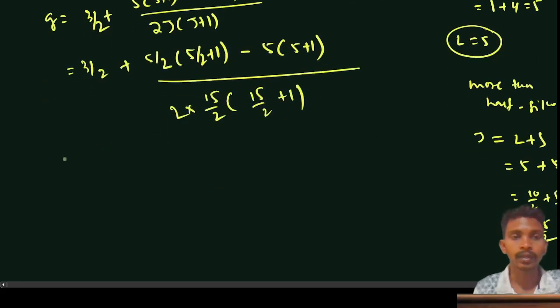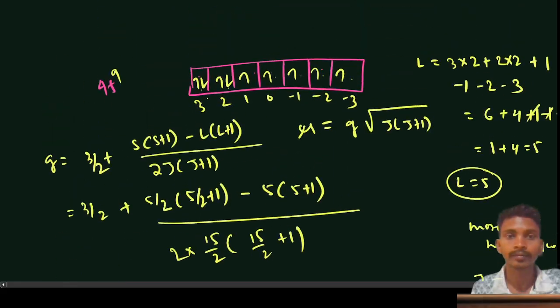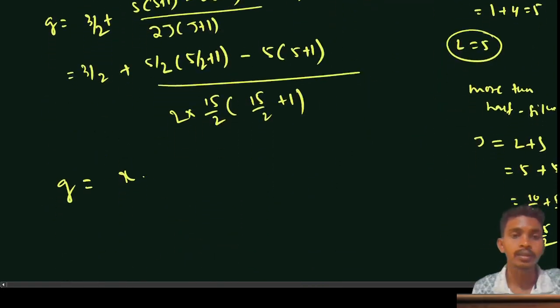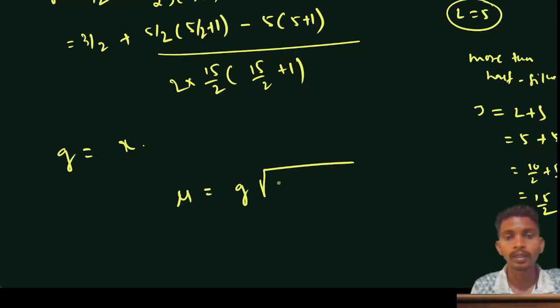If you calculate it, then we will get the G value. And if you calculate the G value, let's say some value X came, then after that we will calculate the magnetic moment, that is G root over of J into J plus 1.